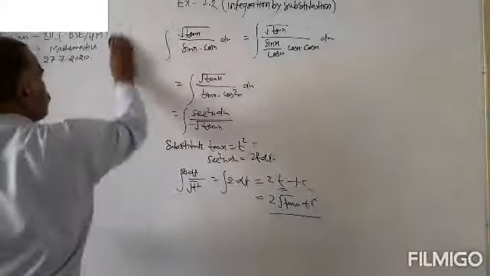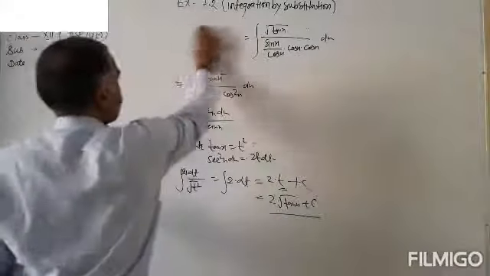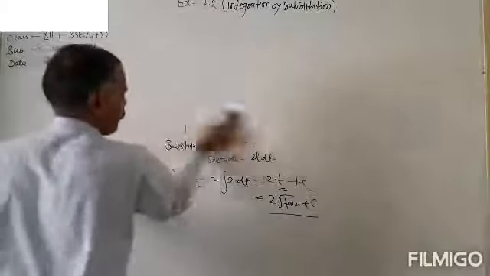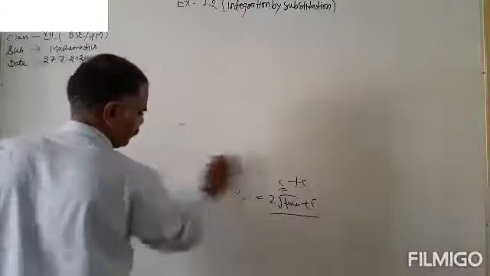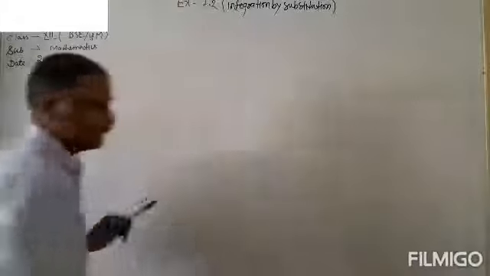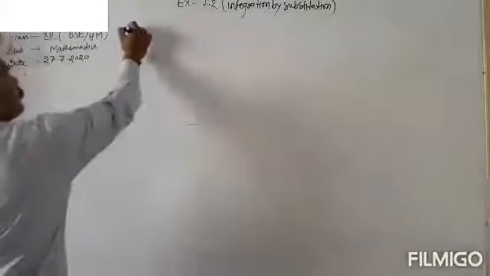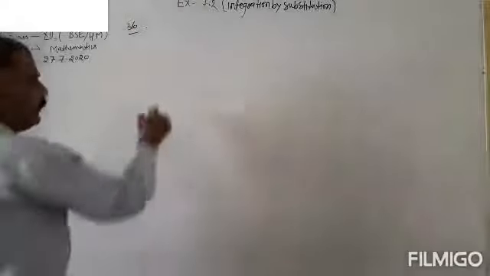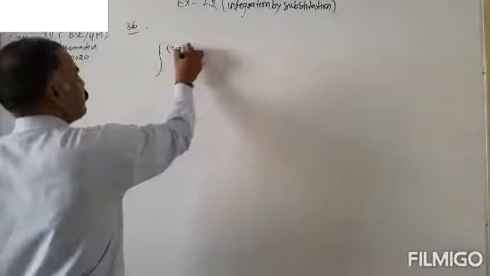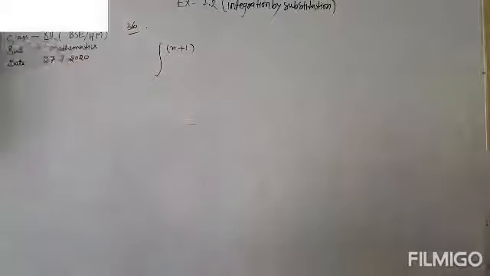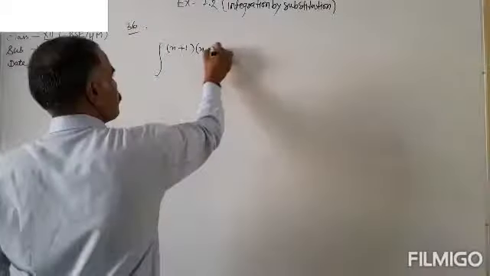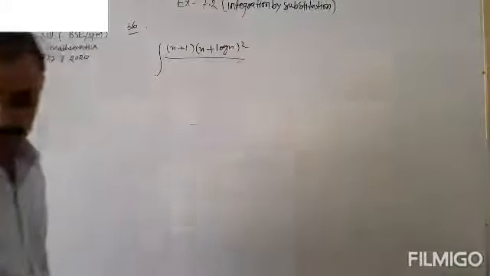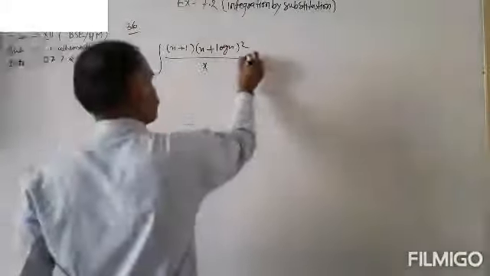Now let us take question number 36. Question number 36 is: integrate (x plus 1) times (x plus log x) whole square upon x dx.